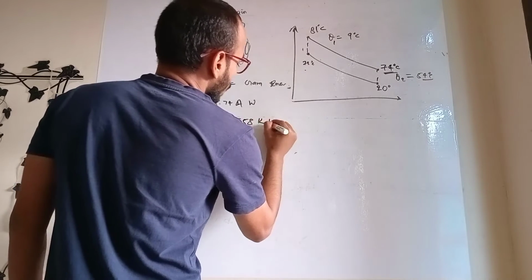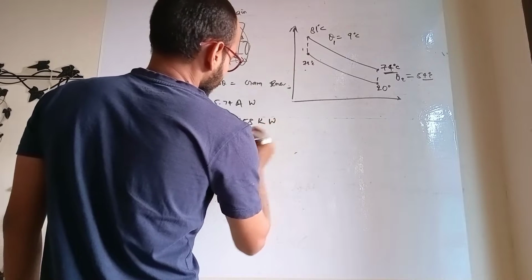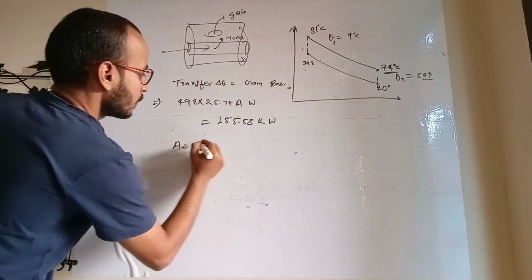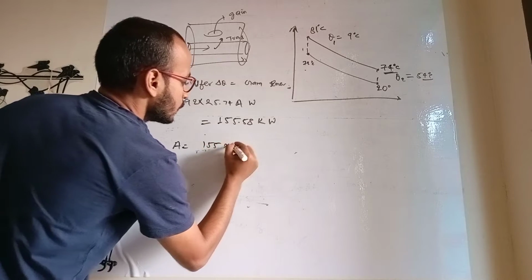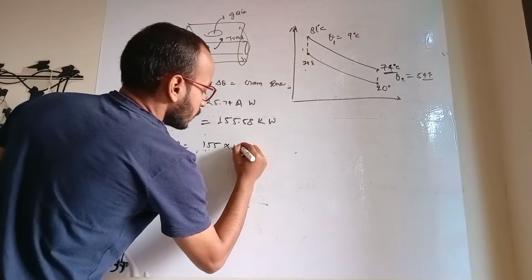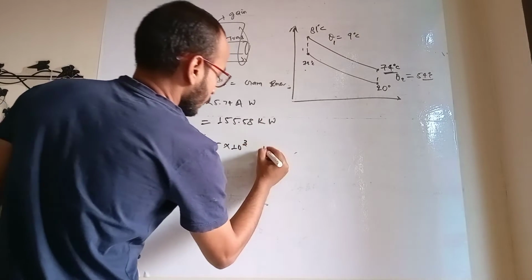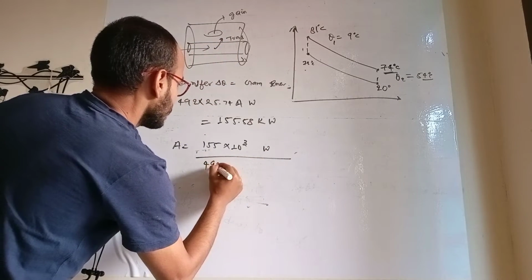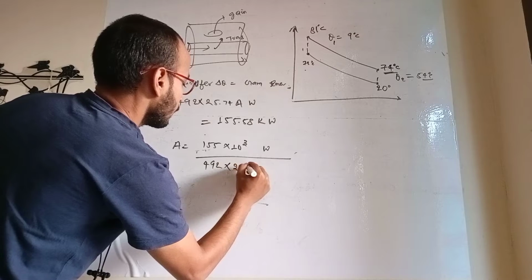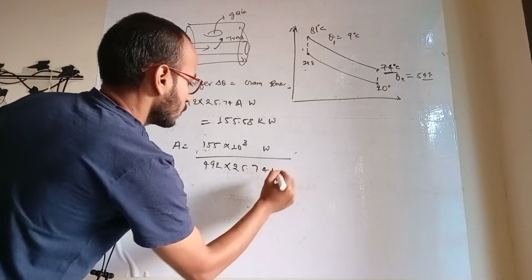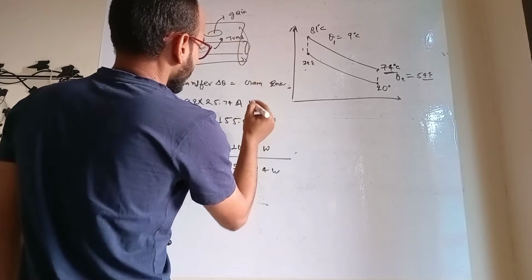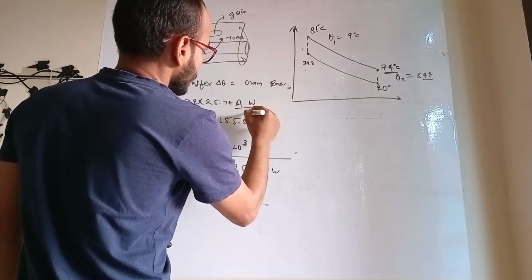155.58 kilowatt. So we will convert it, so here the area will be 155 into kilo, we convert to 10 to the power 3 watt, divided by 492 multiplied by 25.14 watt, and here will be meter square.